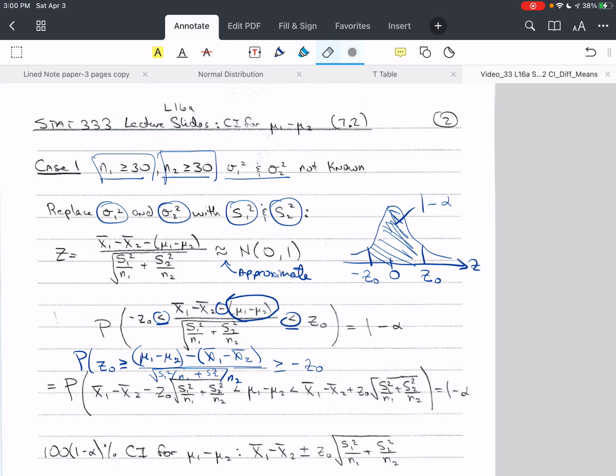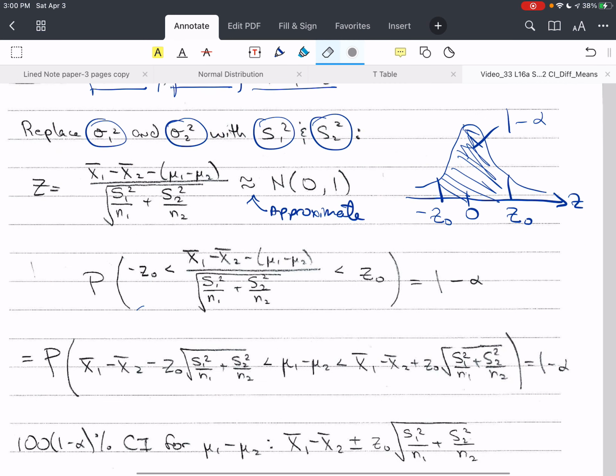then we do the same thing we did last time. We multiply both sides by this quantity here, or all three parts, or sides, if you will. So we multiply all three of these by the denominator here, which cancels it out in the middle.